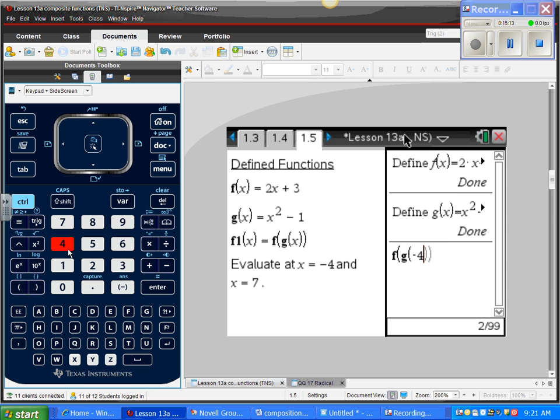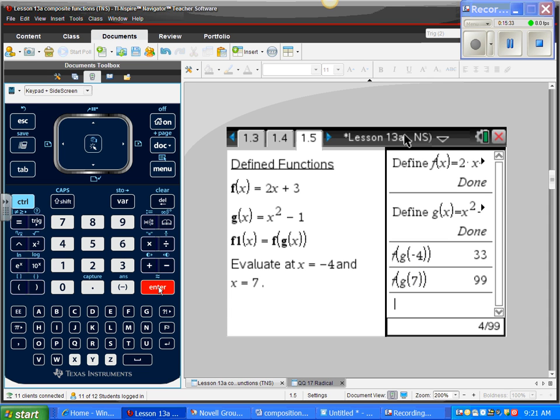And then I'm going to do what? Enter. Did we get what we got algebraically? Awesome. So now we're going to do f of g of 7. And I should get 99.